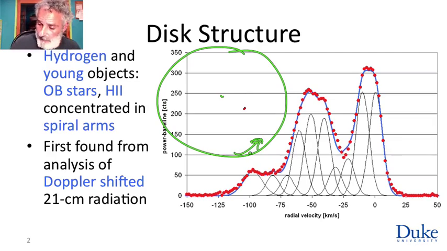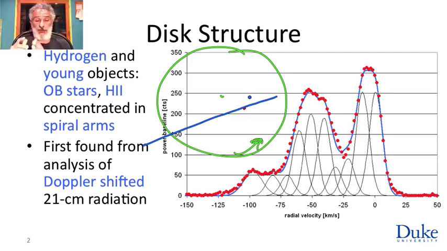And what this graph shows you is the observations that you would get by observing 21 centimeter emission coming at the Earth from this direction. I told you the 21 centimeter line is a very sharp line. And so, of course, because objects at different parts of the disk are moving relative to the sun's motion in its Kepler orbit, there will be a Doppler shift associated with the relative motion of whatever is emitting the radiation relative to the sun.